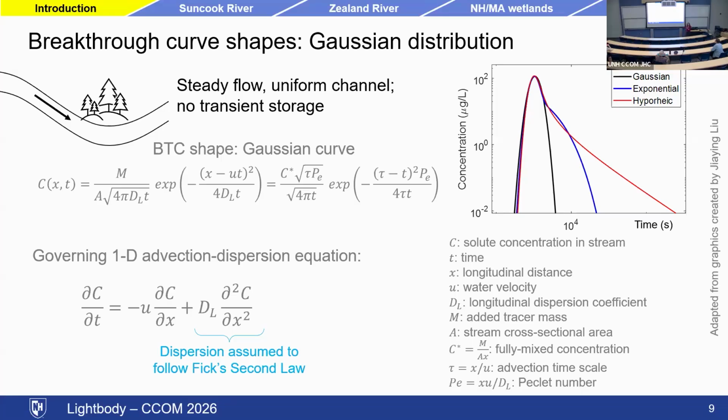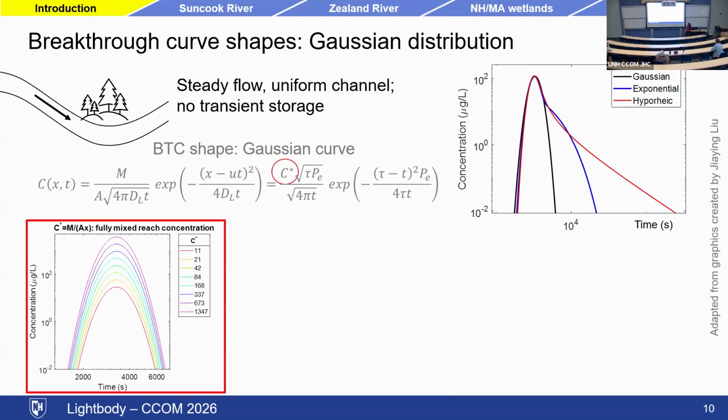Very theoretical, because really we have a pulse that's moving downstream, but at least it gives us a scale for the concentration. Tau is then the advection timescale, the length traveled divided by the mean flow speed, and the Peclet number represents the ratio between the timescale for advection and the timescale for spreading.